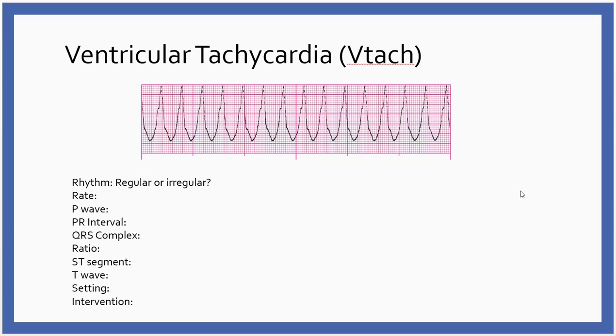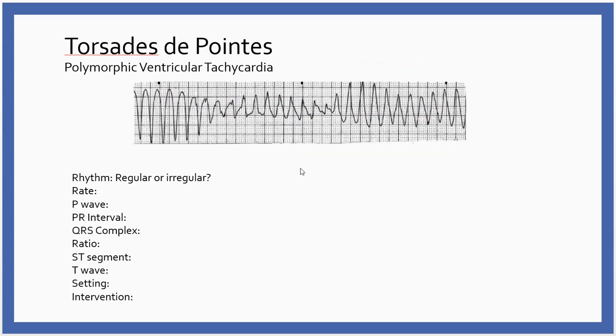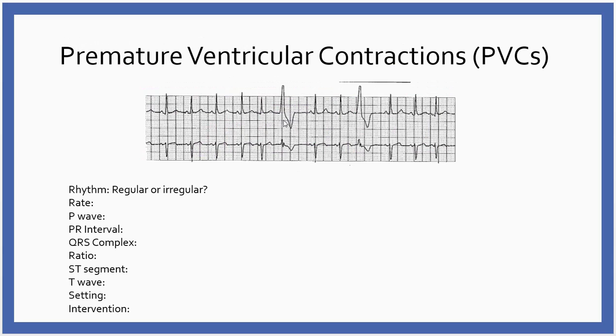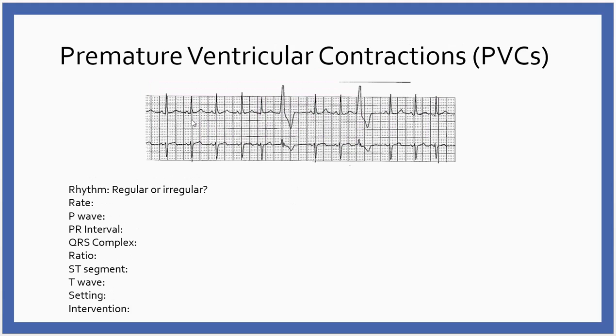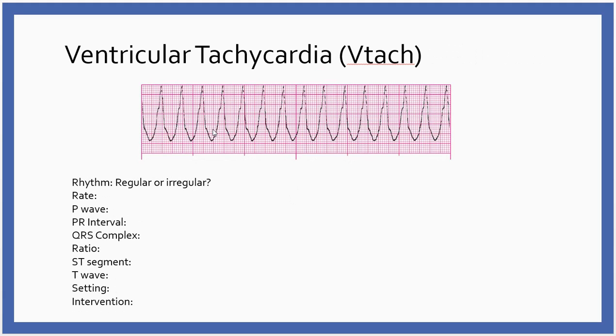Now, VTAC. When you're looking at VTAC, one of the things you may notice right off the top is that this VTAC looks like PVCs, just a bunch of them. So let's back the trolley up here. Big wide QRS, T wave of opposite polarity. What if I had a string of these in a row? That would be VTAC.